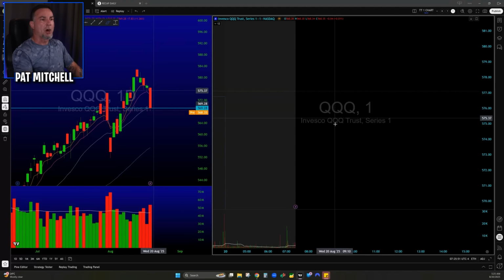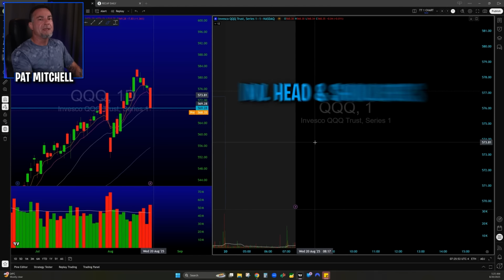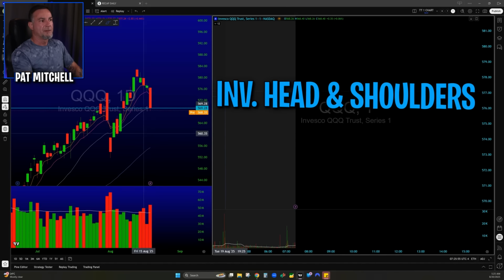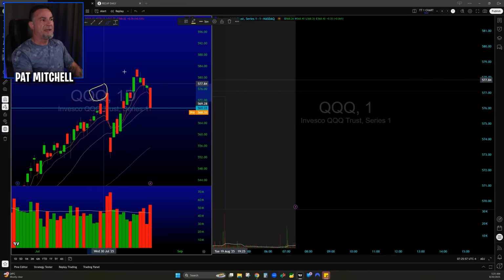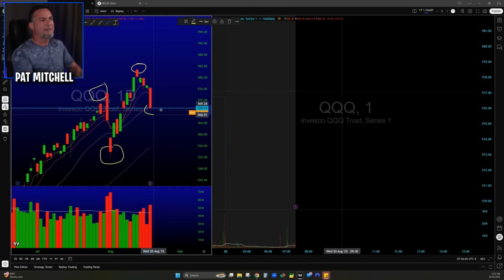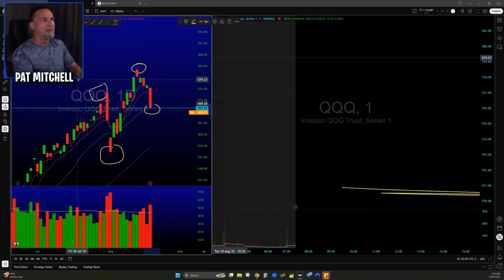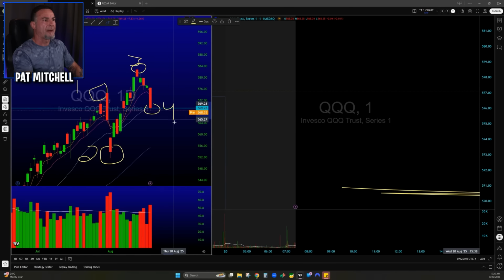So now let's talk about the inverse head and shoulders. Again, if we have 4 areas on a chart that I am marking out, and I understand that this might get a little redundant, but hey, I want to make sure that you guys fully understand each and every chart setup.